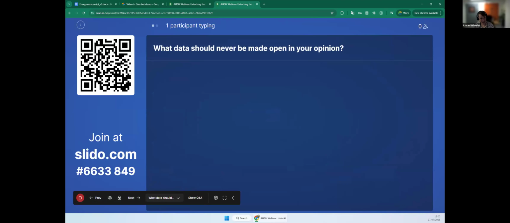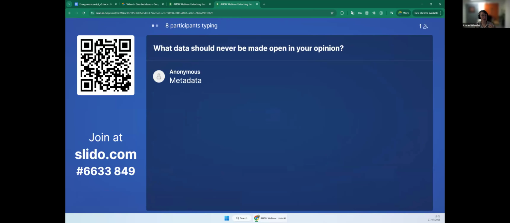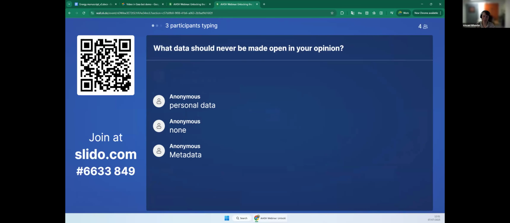What data about land should never be made open, in your opinion? This is important for us because we do have space where some information can be kept back and restricted on a need-to-know basis, and other information should be made open.